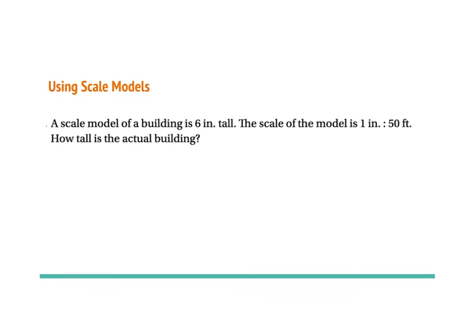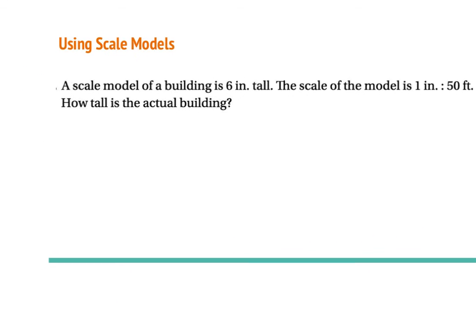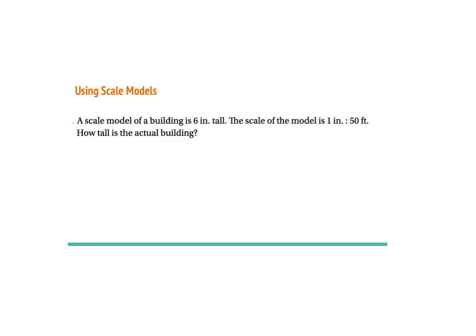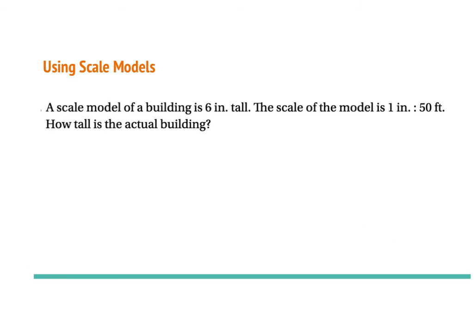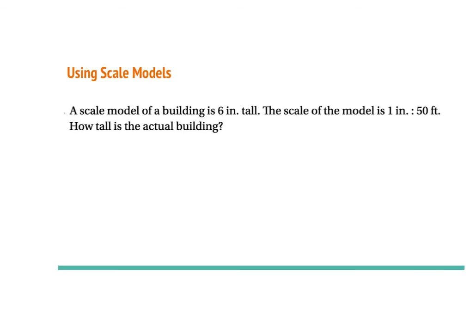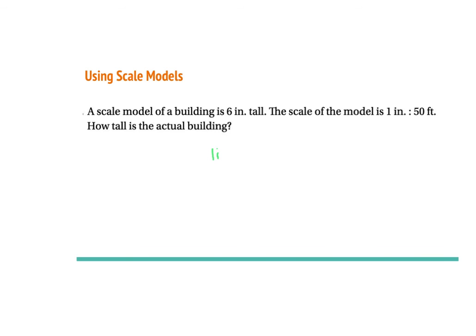Okay, using a scale model. A scale model of a building is 6 inches tall. The scale of the model is 1 inch compared to 50 feet. So again, guys, 1 inch over 50 feet. Remember, once we're given that scale, we always want to write that immediately as a proportion, okay? How tall is the actual building? So we're going to set this equal to, well, it told us that the scale model of our building was 6 inches.